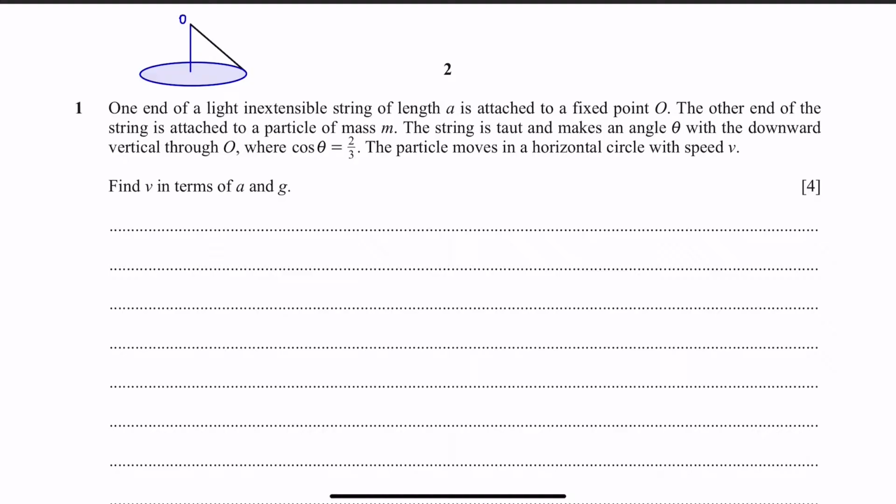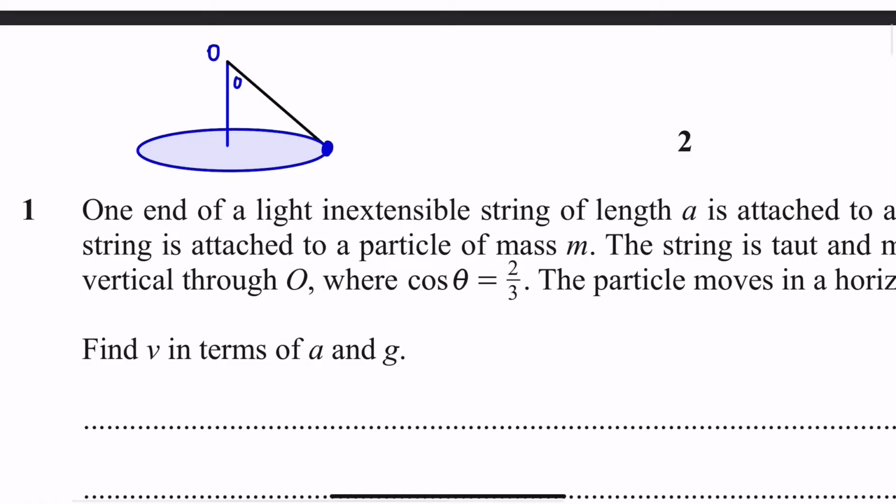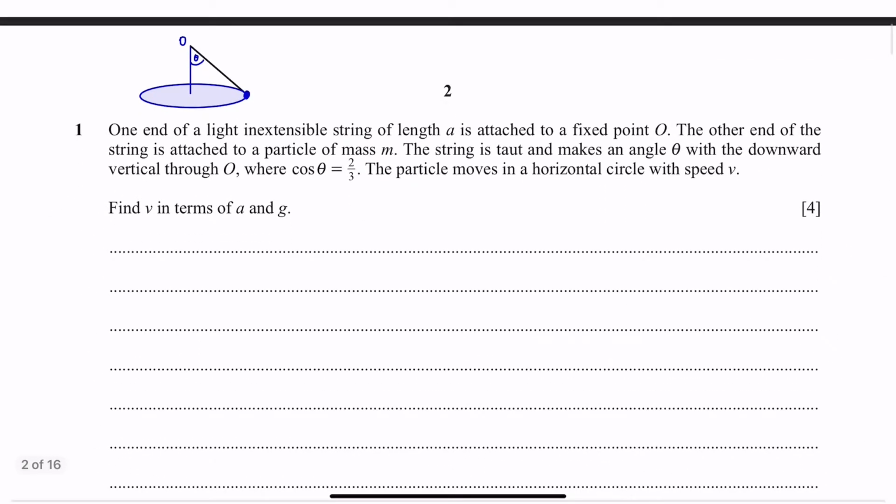There's a particle of mass m here, and this would be the angle theta. So we need to find v in terms of a and g.